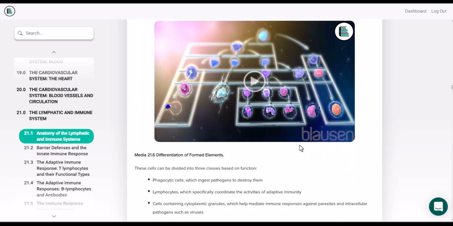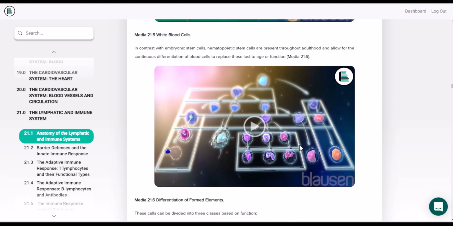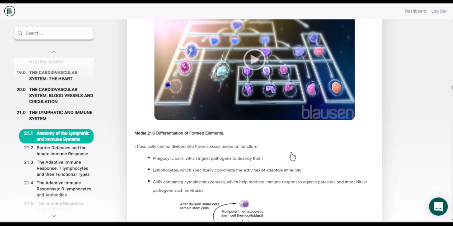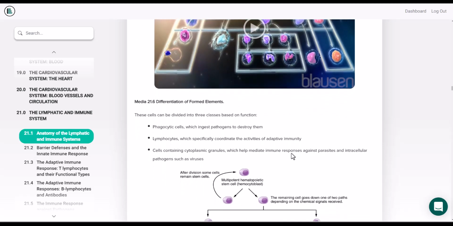Now you're going to see a little bit of this information also presented in the blood presentation about the differentiation or the formation of different white blood cells. Just like there, we're not going to go into the nitty-gritty. We're just going to overall appreciate that the lymphocytes are formed from the lymphoid side of this chart.